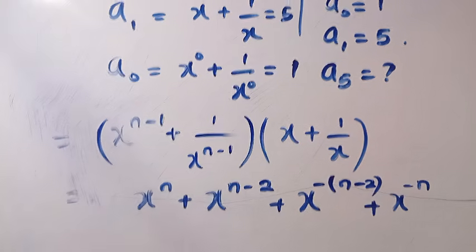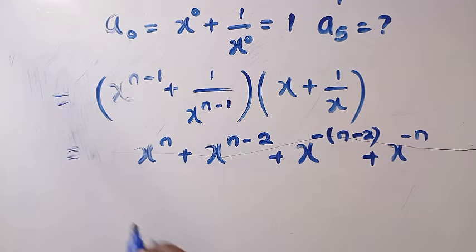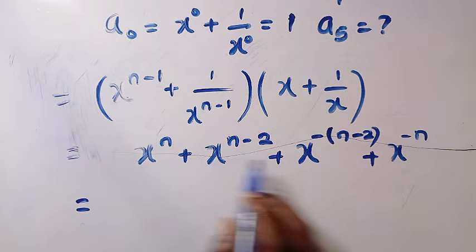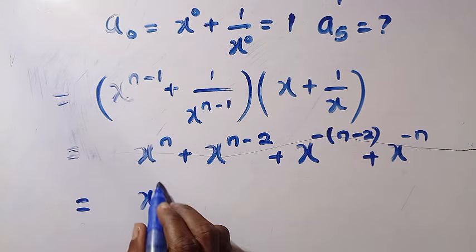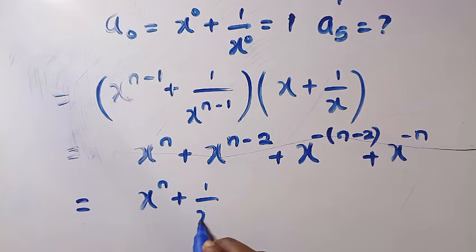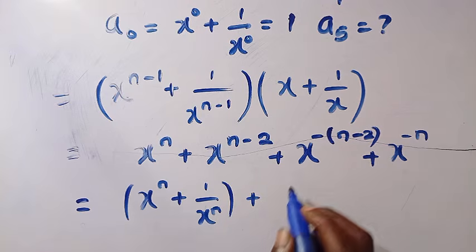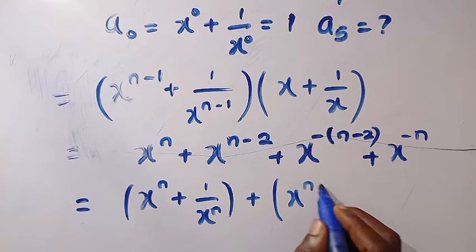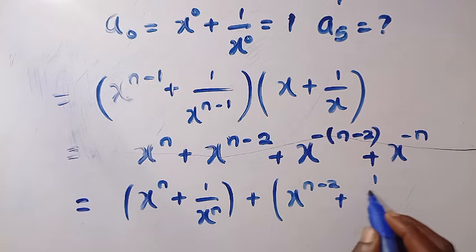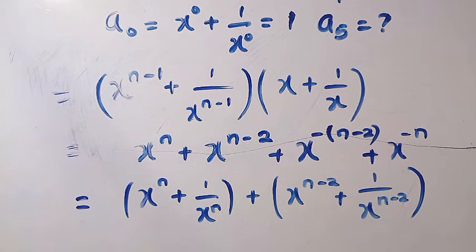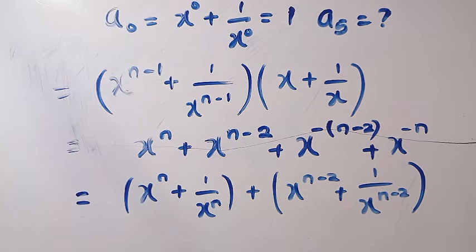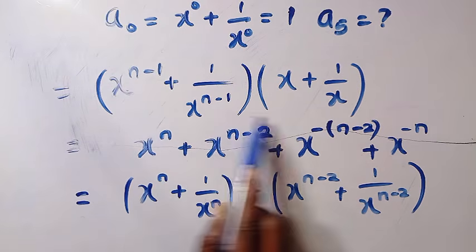Knowing all this, we are going to group this together. For x raised to the power n, we add x raised to the power minus n, so this is x raised to the power n plus 1 over x raised to the power n, and also plus x raised to the power n minus 2 added to x raised to the power minus (n minus 2). The whole result is given since we multiplied this and this together.